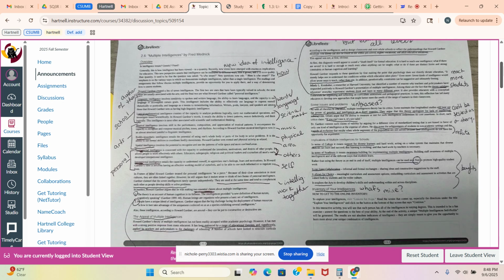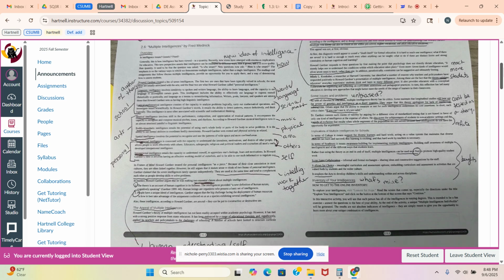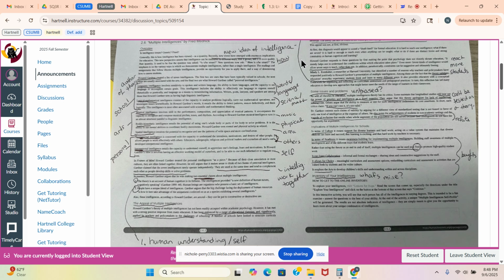Then is read and record. So you go through and you annotate. Now, sometimes people struggle with knowing what it is to annotate. So generally speaking, I would say that you annotate any key terms. Are there any words that you don't know what they mean?